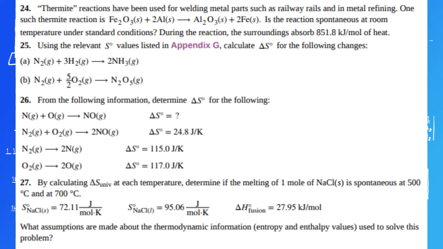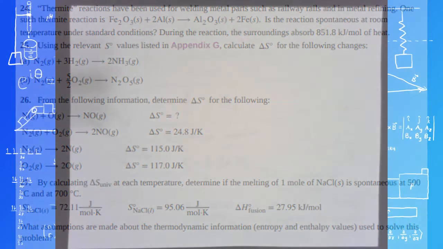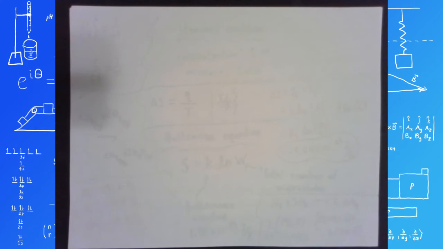So, third equation and second equation I need to flip in order to get the nitrogen and the oxygen monatomic gases onto the left-hand side. And then to get nitrogen monoxide on the right, I can just keep the first equation as is. Okay. So I need to flip two of them and keep the third.